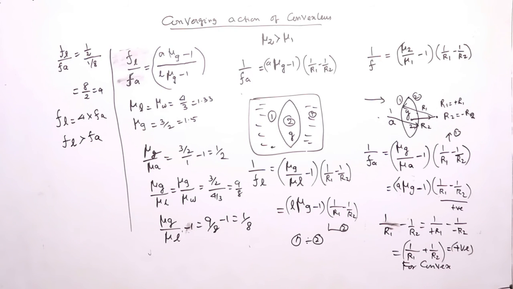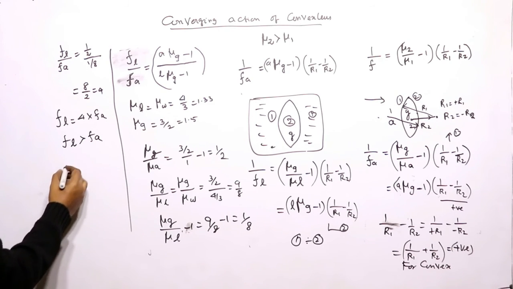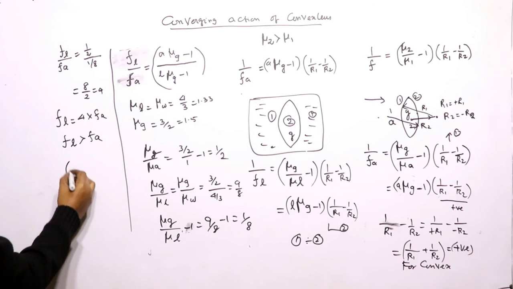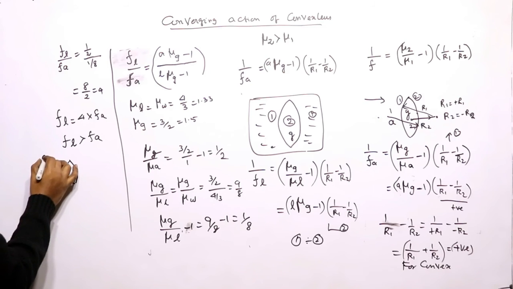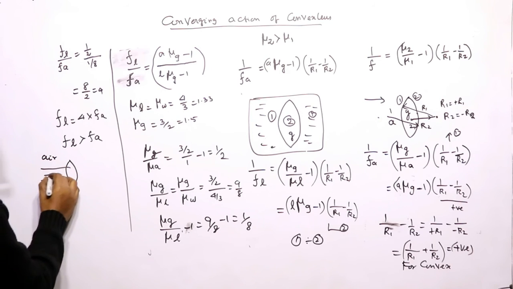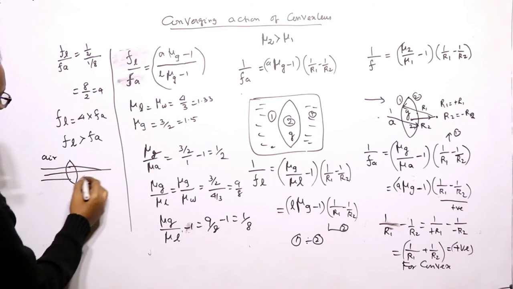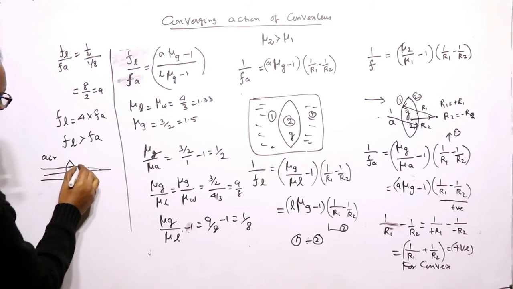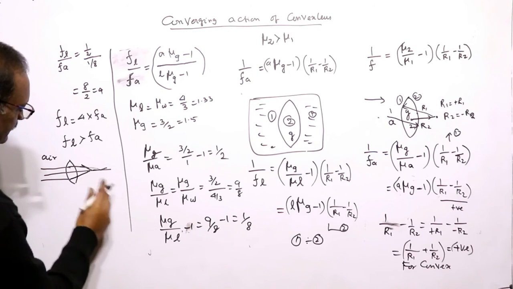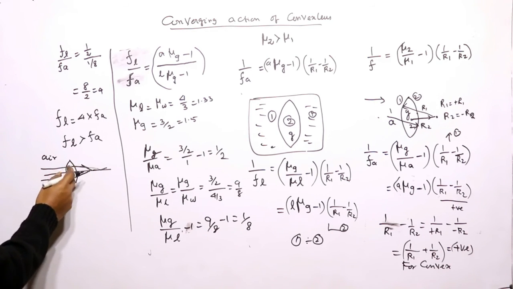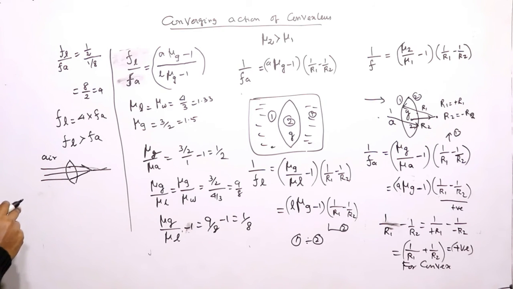In this case, since the focal length is more, this is the lens when it is kept in air. So this will be the focal length. Converging action, because it acts as a converging lens when the refractive index of the second medium is greater than the refractive index of the first medium.